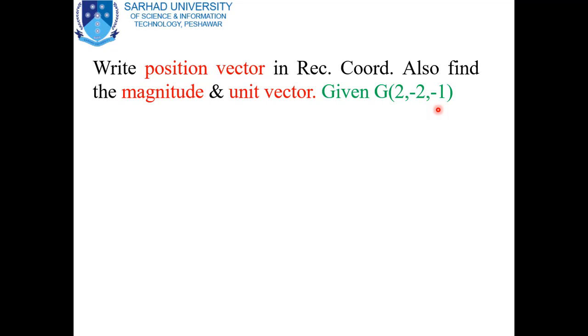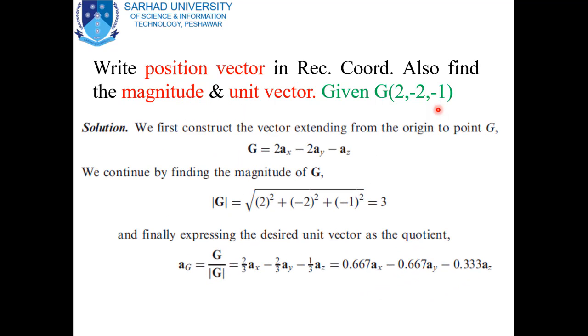So in order to draw a position vector, we need a reference point. In this case, we will take the origin as the reference point, and at the origin, all the components, that is x, y, z, equal 0.